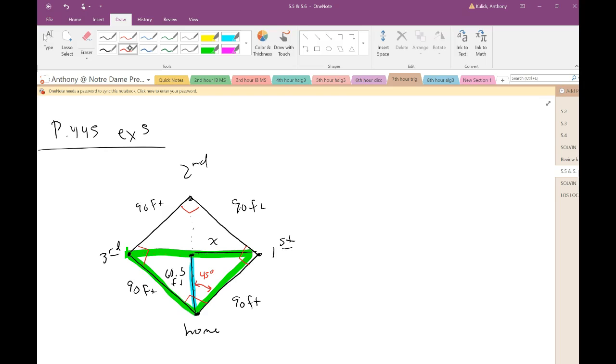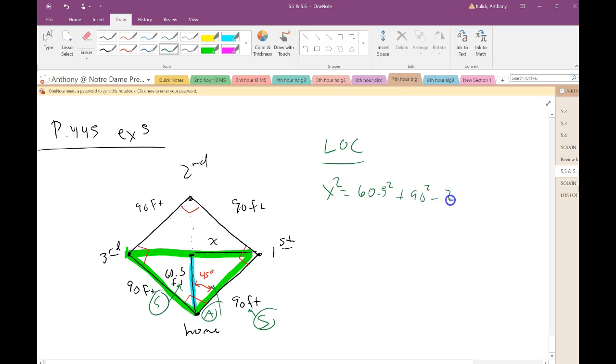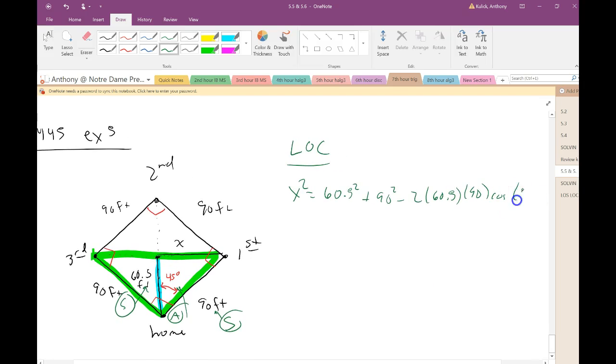So if we look, which situation are we in? S, A, S. That means law of cosines. So I can say that x squared is equal to 60.5 squared plus 90 squared minus 2 times 60.5 times 90 times cosine of 45.